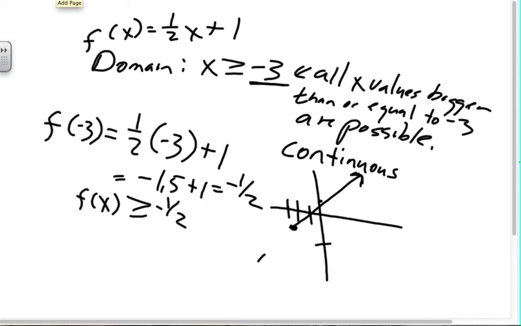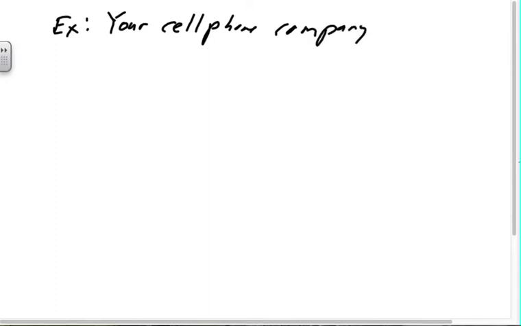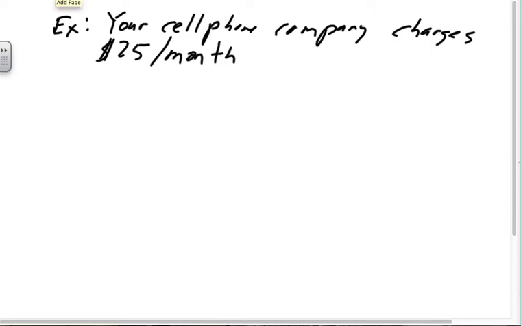Let's take a look at one more example. This is from my word problem. Your cell phone company charges $25 per month, so even if you don't use it, you pay that.